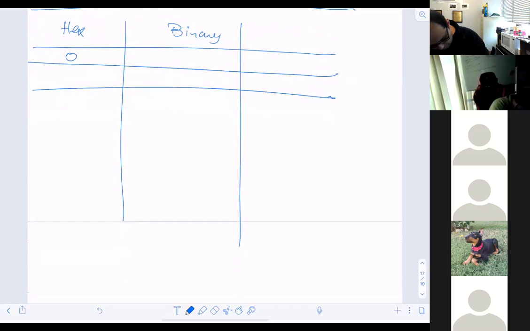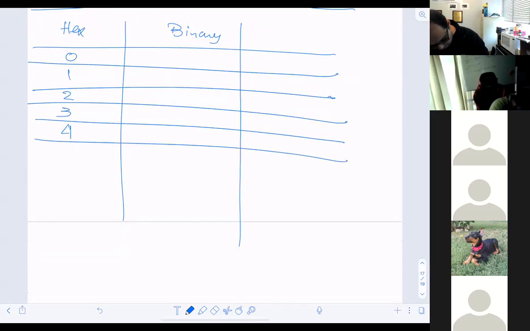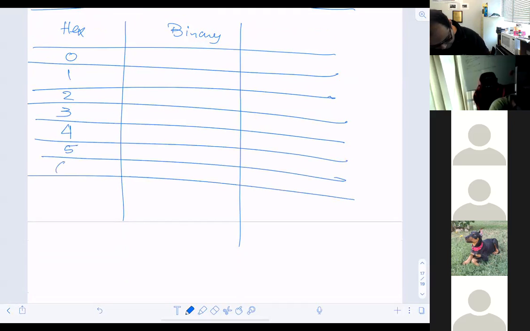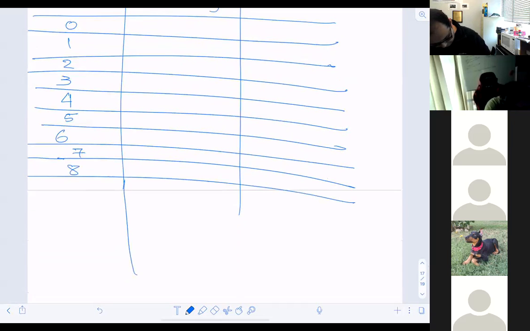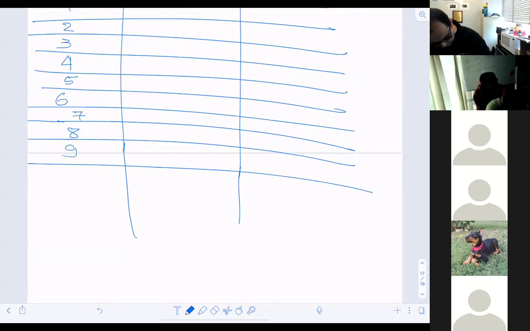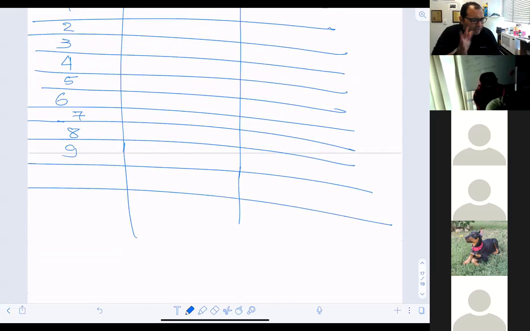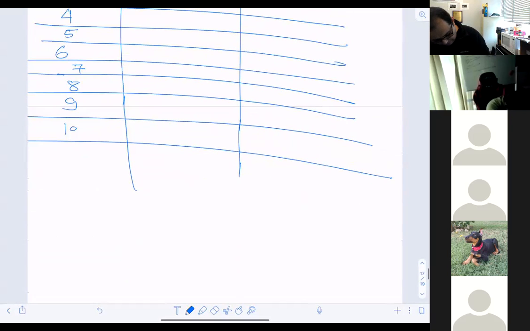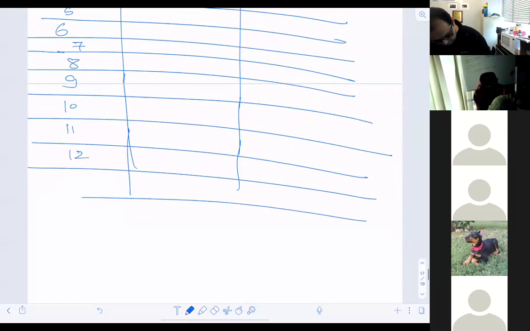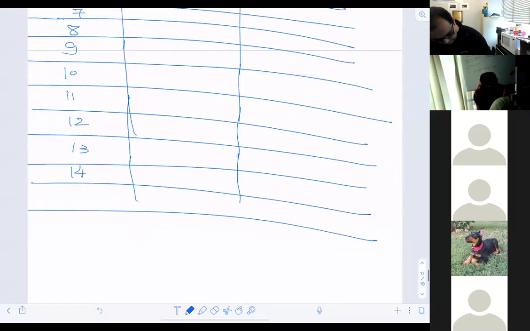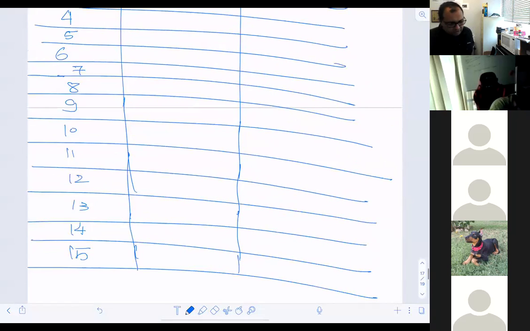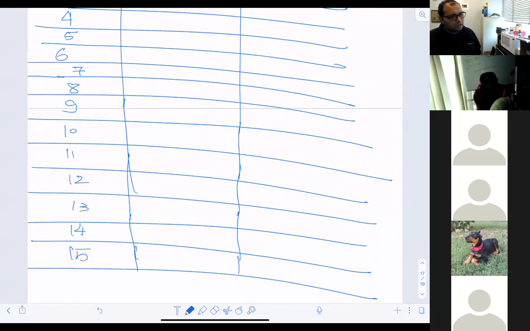Basically the rows are 0, 1, 2, 3, 4, 5, 6, 7, 8, 9, 10, 11, 12, 13, 14, 15, right? 0 to 15 are 16 numbers, right?